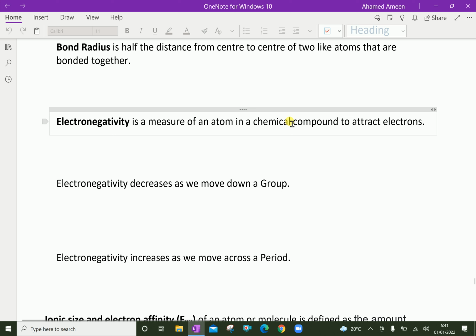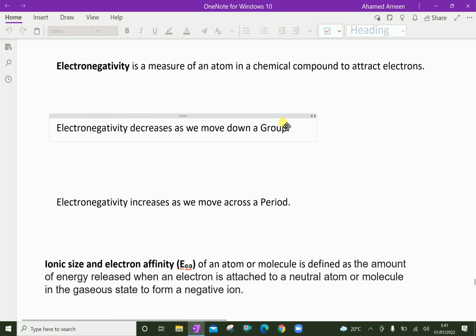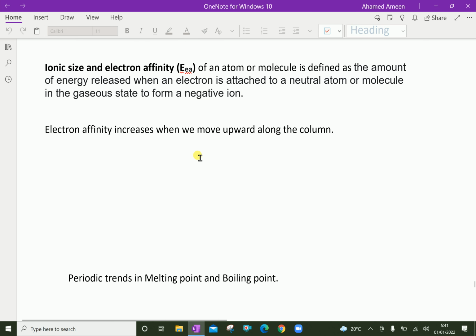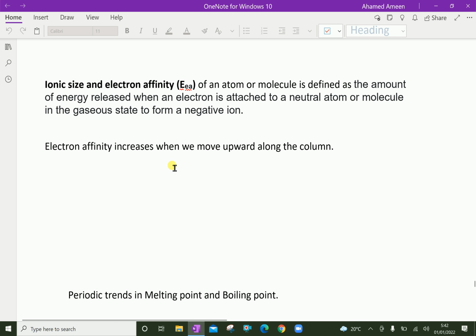This greater distance means that the nucleus of a cesium atom cannot attract a valence electron as easily as a lithium nucleus can. Because cesium does not attract an outer electron as strongly as lithium, it has a smaller electronegativity value.